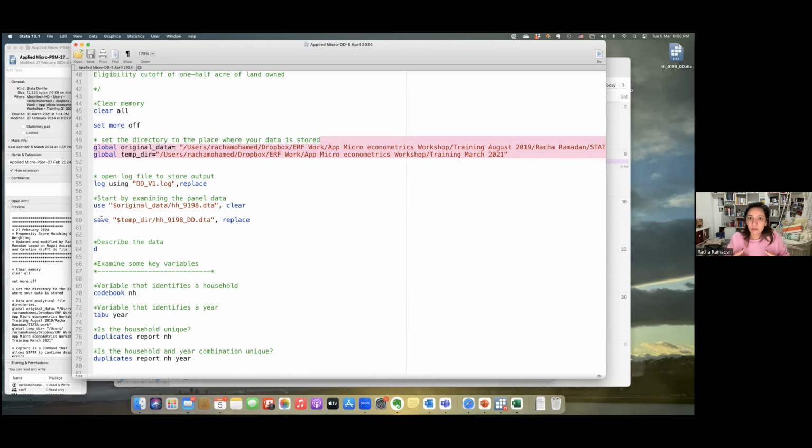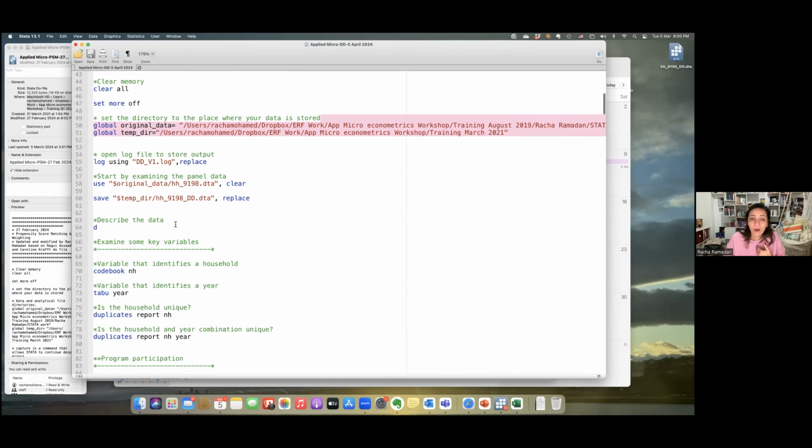Just again, because as Chahir said in the beginning, and as you have noticed, sometimes you will change your computer, or you want to share the file with your co-author or with your supervisor. So it's easier, especially for someone like me, who, as you noticed, likes to save several versions of the file, instead of changing the path every time I am saving or using the file, I prefer to have these two lines.